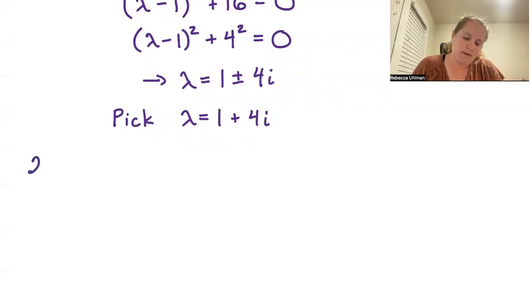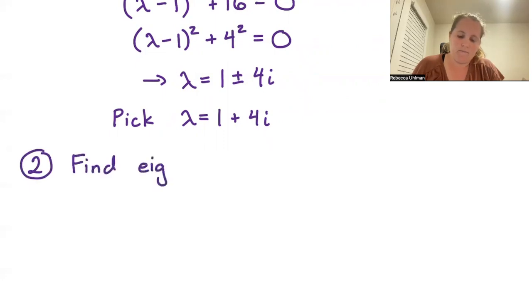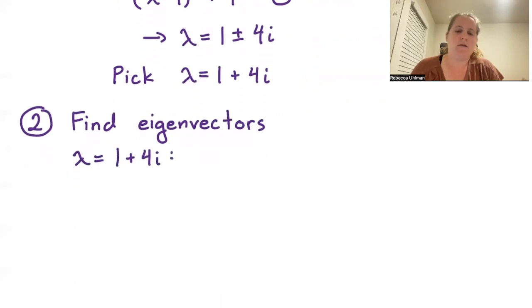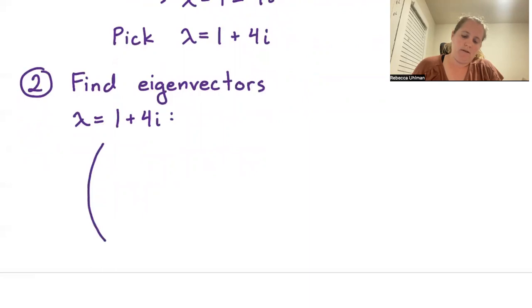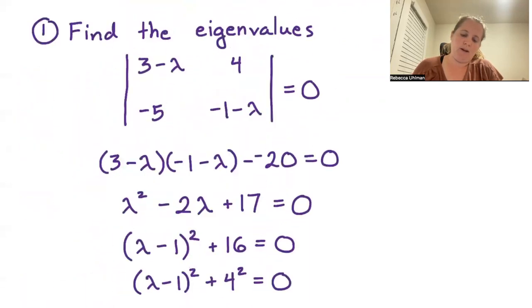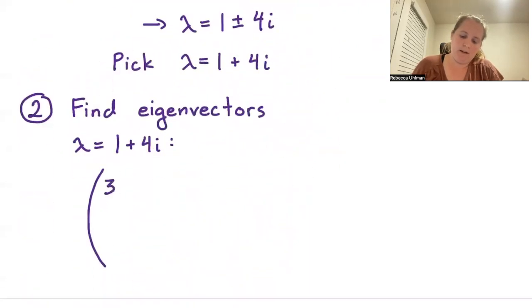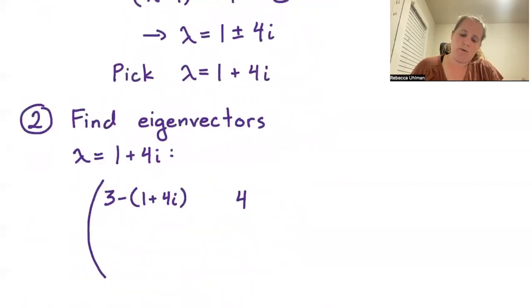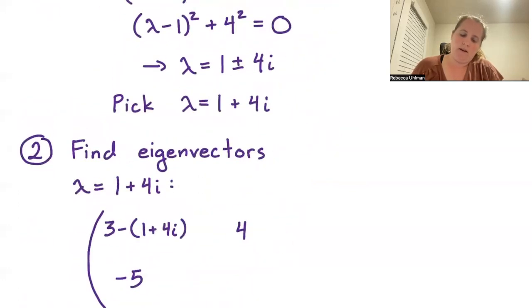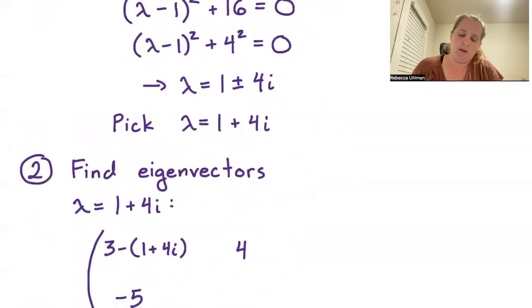So our next step is to find the eigenvectors. So we are working with lambda as 1 plus 4i. Our matrix that we are looking at, we had 3 minus lambda. So we have 3 minus, in parentheses, 1 plus 4i. Then we had 4. Then down below we had -5 and -1 minus lambda.